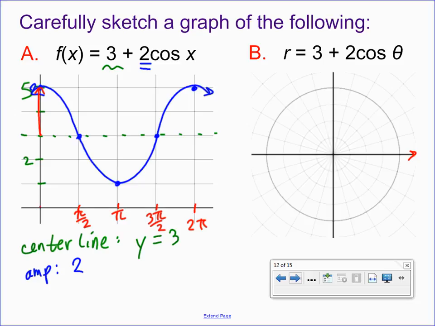We're at a magnitude of 5. You guys see that? Our function value of 5 corresponds to our radius value in the polar coordinate plane. So let's start ticking. 1, 2, 3, 4, all the way over here. 1, 2, 3, 4, 5.